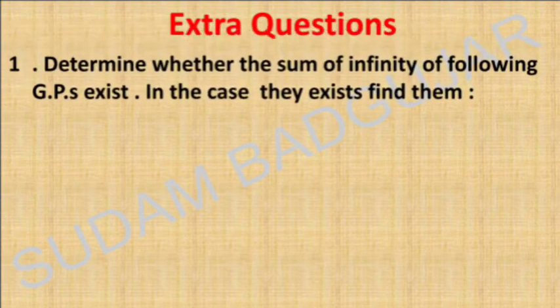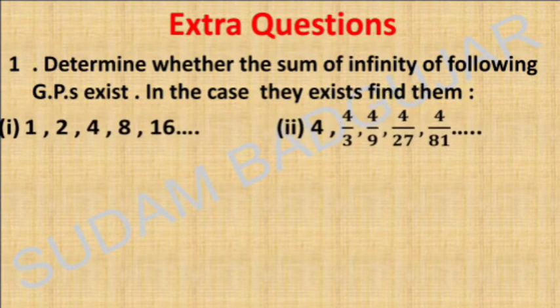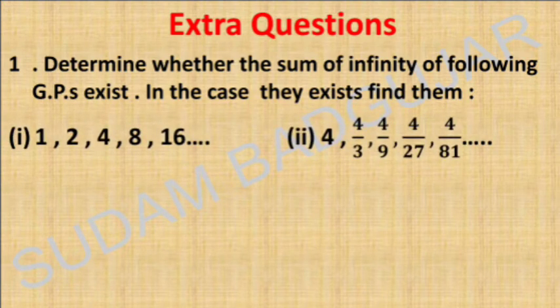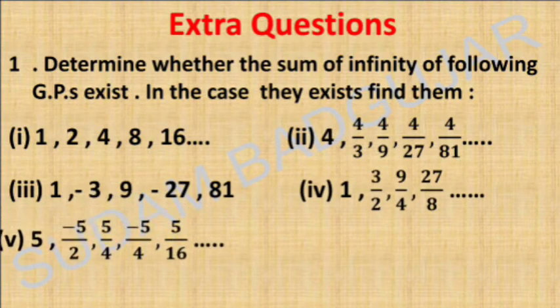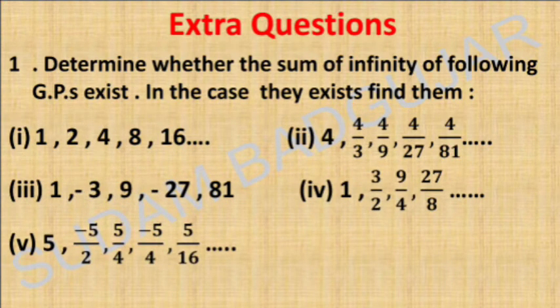Now the extra question for practice of the same type. Determine whether the sum to infinity of the following GPs exists. In case they exist, find them. There are 5 sub questions here. You can easily find out here. For the first one, see, it's very simple.